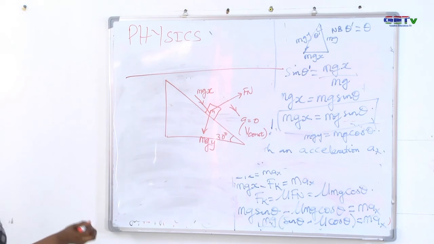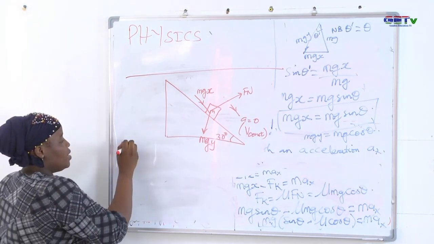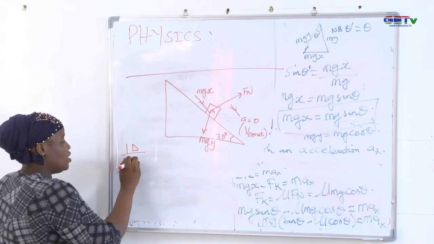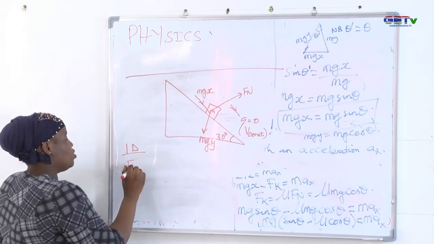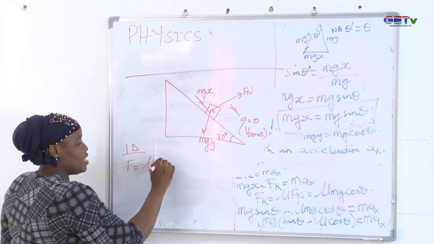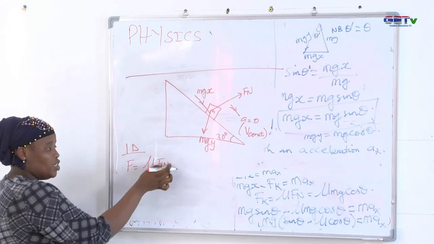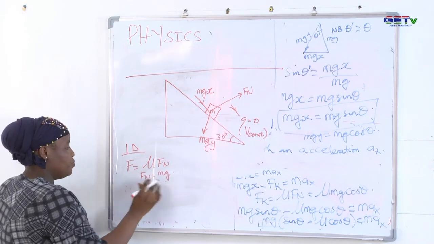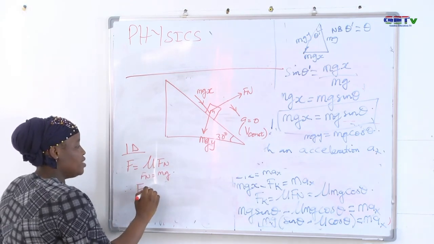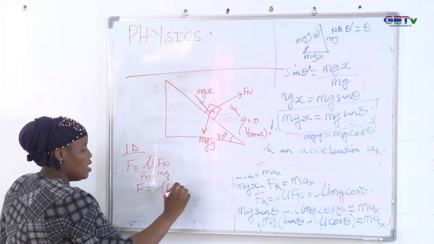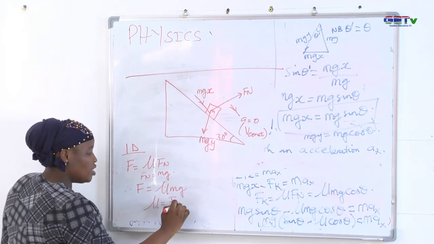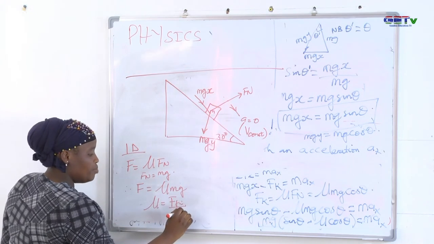Good. If you recall from one-dimensional dynamics, we are told that the frictional force is always given as mu times Fn. But since this is one-dimensional force, Fn will be mg. Therefore, F will be equivalent to mu times mg, and mu, which is the coefficient of kinetic friction, will be F, the frictional force, all over mg.